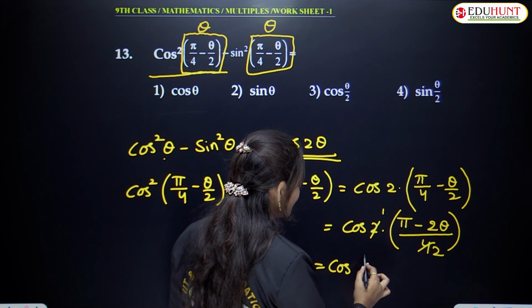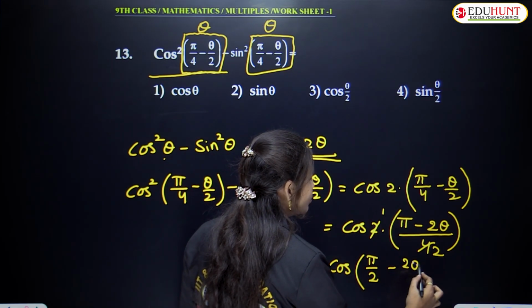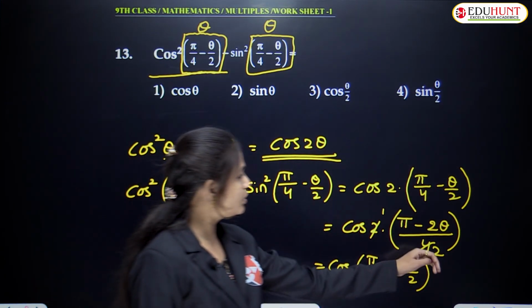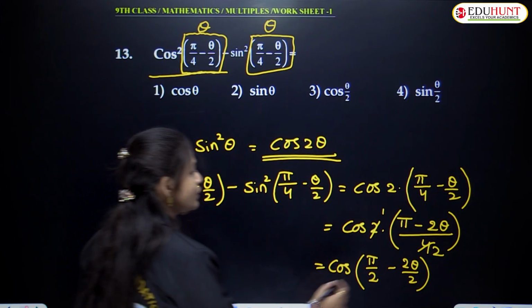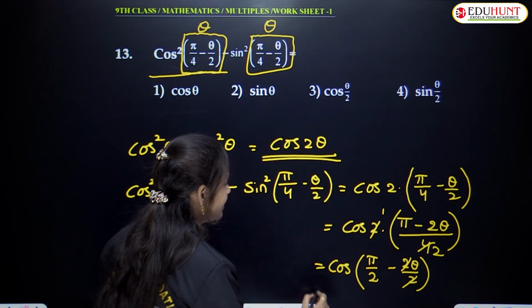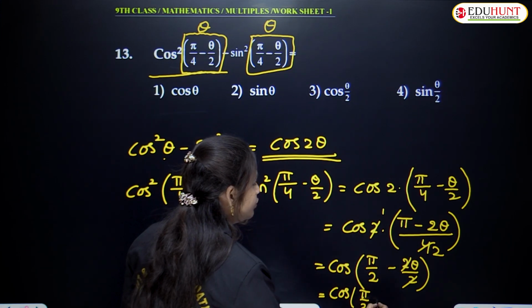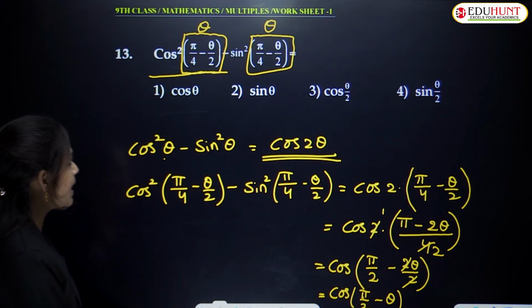Now here cancellations, 2 1s and here 2 2s. So we can write this one as cos of pi by 2 minus 2 theta by 2. Just I divided that. Okay. So this 2 is related to pi as well as the 2 theta also, no? So that's why here 2 and 2 gets cancelled, as well as cos of pi by 2 minus theta.